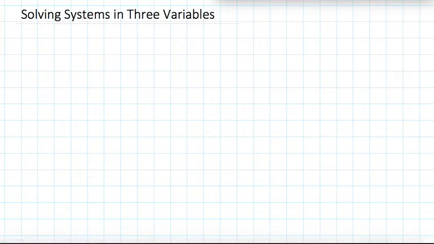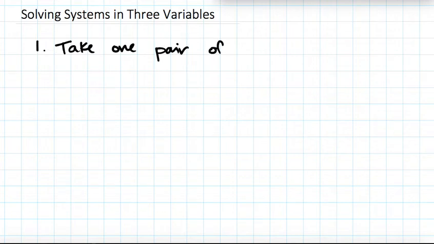The process for this is basically to use addition multiple times. So what you're going to do first is choose one pair of equations, or 2 equations, and use addition to eliminate one of the variables.